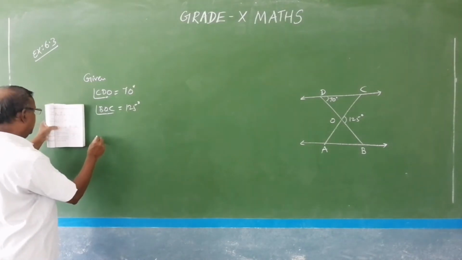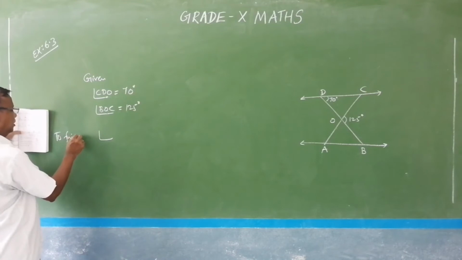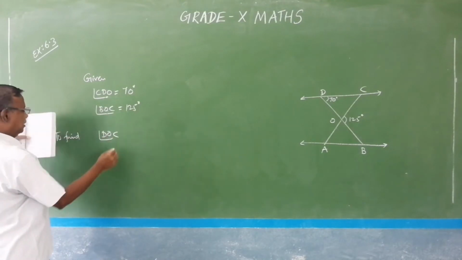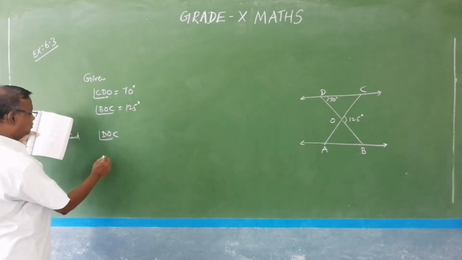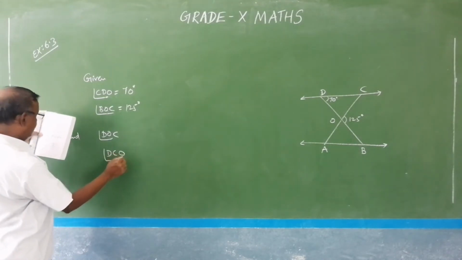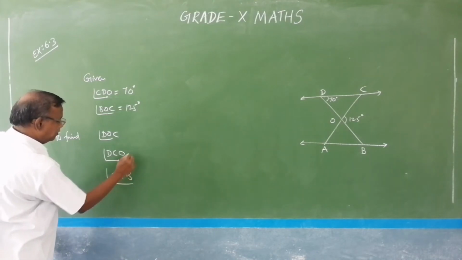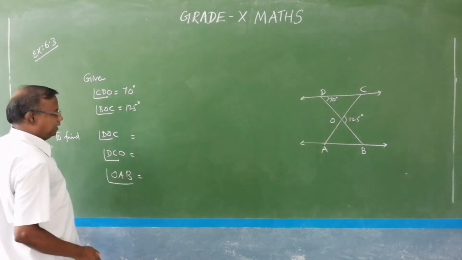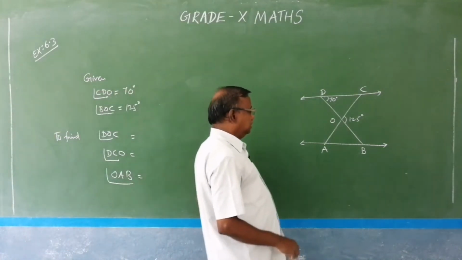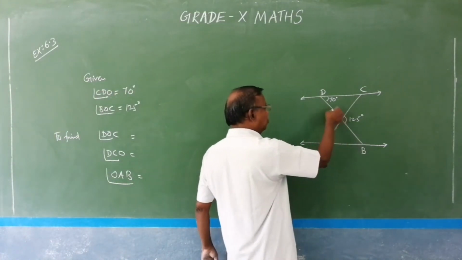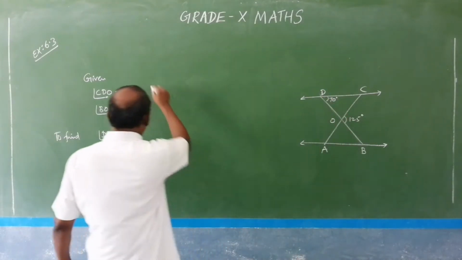Find angle DOC, angle DCO and angle OAB. So these three must be found. First of all, see, BOD is a straight line.